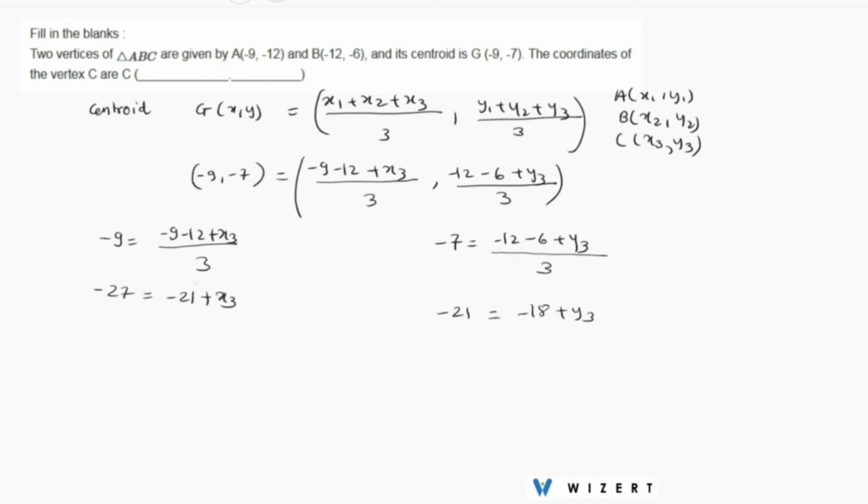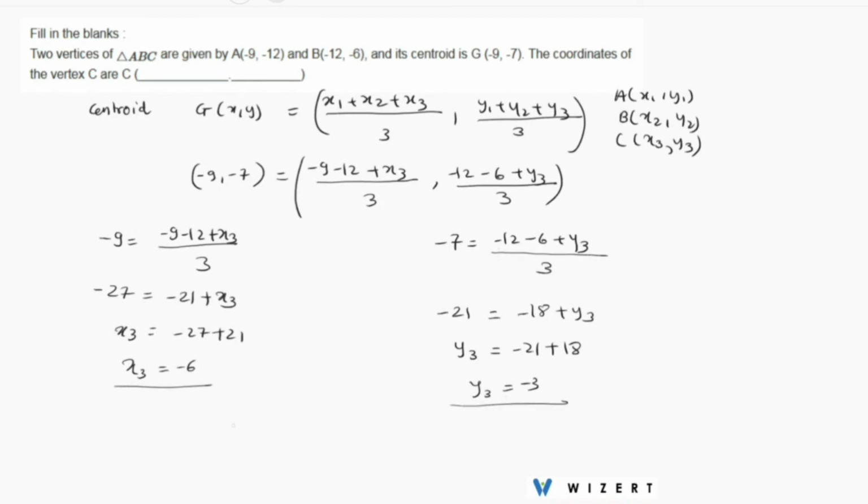So we get x3 equal to -27 + 21 and y3 equal to -21 + 18. So we have x3 equal to -6 and y3 equal to -3.